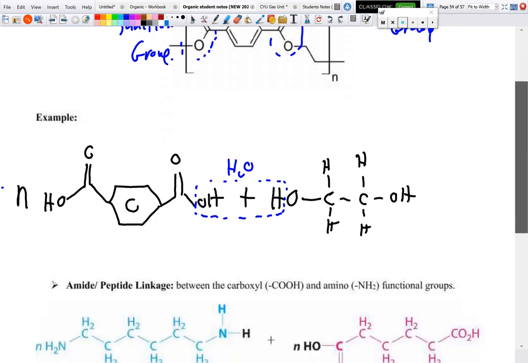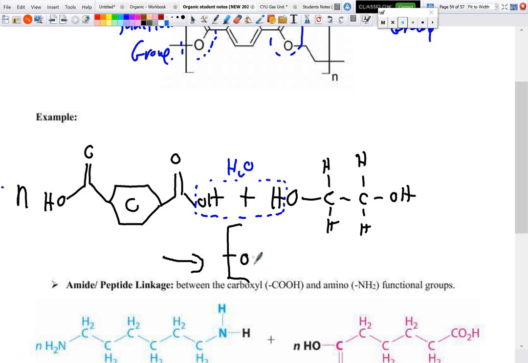Now, of course, when these come together is when we are forming our polymer. I'm just going to have to draw it down here because I don't have enough space up above. We're going to have square brackets. Now, obviously over here we're not going to draw our carboxylic acid, so we need to lose the H, but we're going to have our oxygen, and then we are going to form our first molecule together.